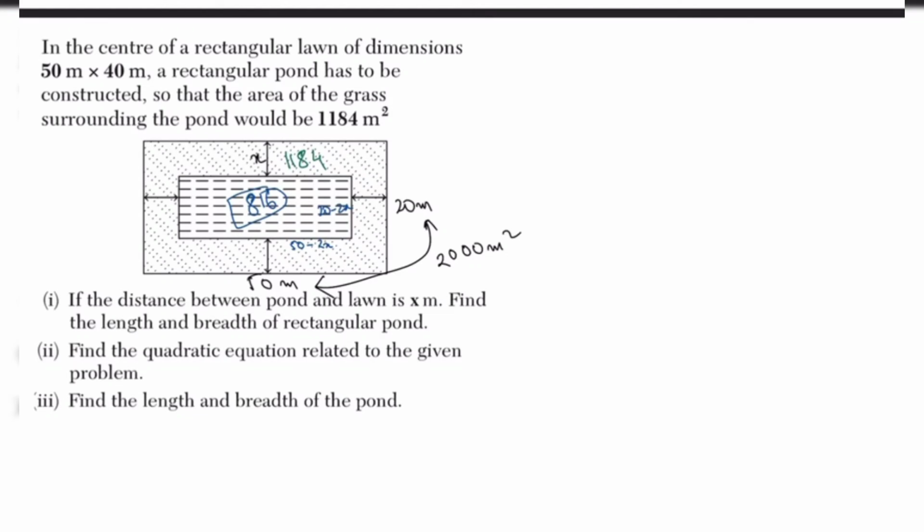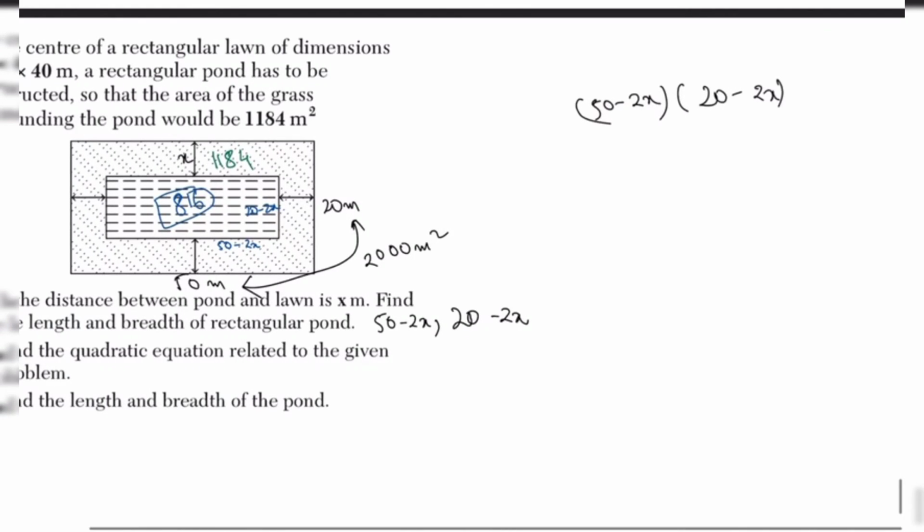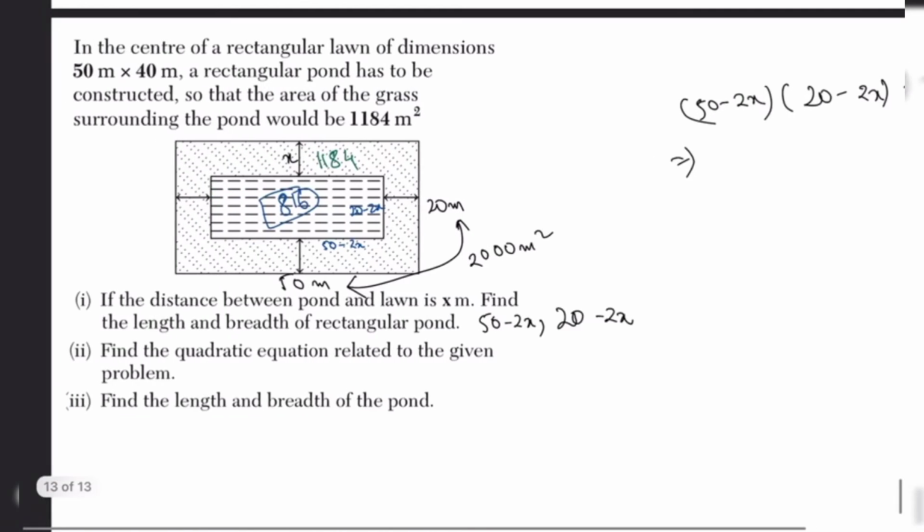So this is 50 minus 2x and then 20 minus 2x. Find the quadratic equation. So you can already see that area of the pool has to be 816. So let's write that straight away. 50 minus 2x times 20 minus 2x, we want it to be 816. So it's time to get the standard form. But just a minute.